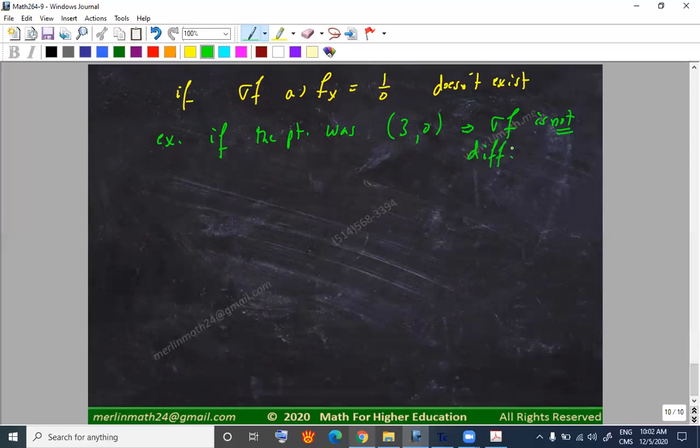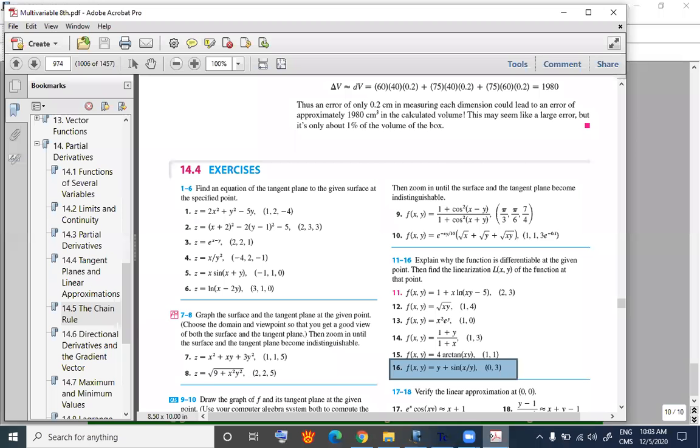By the way, let me write it properly. Not differentiable means non-differentiable. So you may have a question to show it is non-differentiable. It means you end up with either one of those partial derivatives fx or fy being undefined. Any question? No.